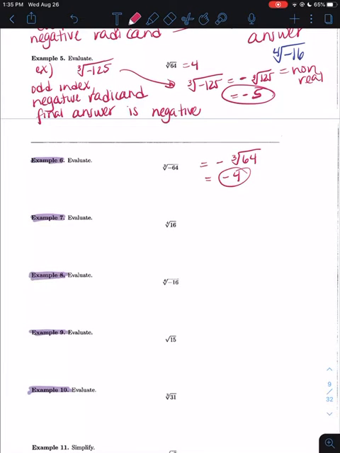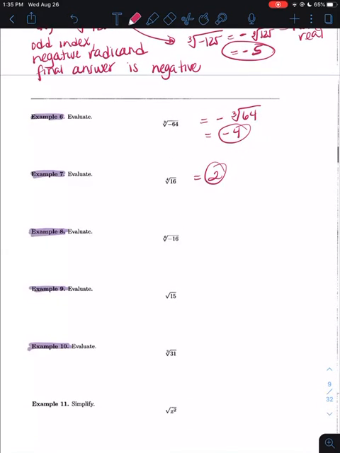When I go to my chart, I look for 16 in that x to the fourth column. The fourth root of 16 is 2. Because I have an even index and my radicand is negative, this answer is a non-real number. So in my math lab, you'll just click non-real number.